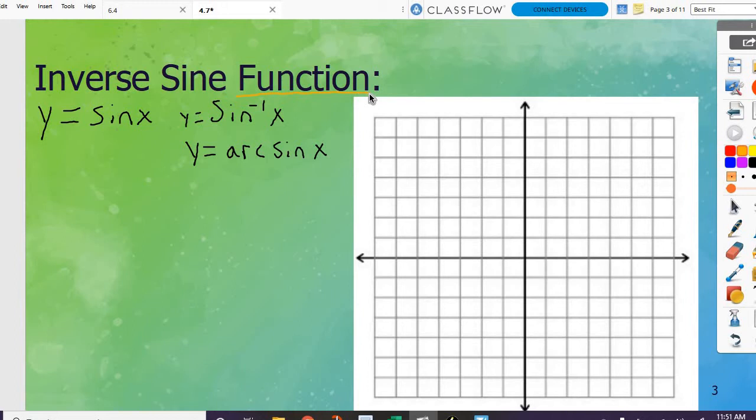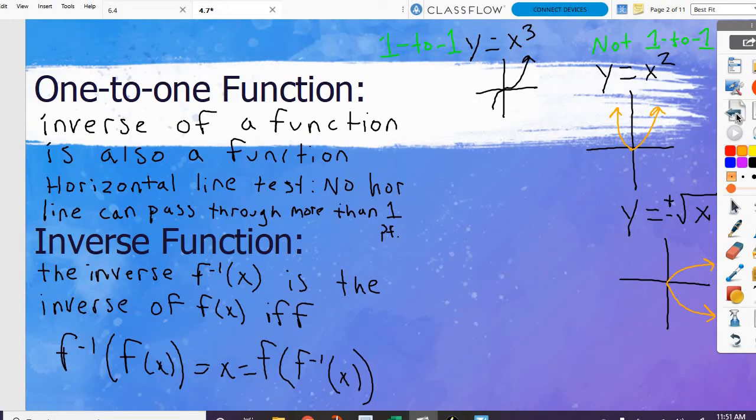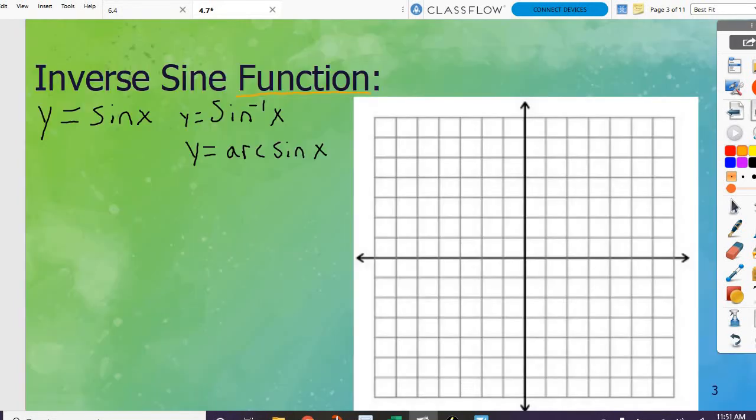In order for the inverse of a function to also be a function, our original function has to be 1 to 1. Are we all with me? So we want to make sure that sine is 1 to 1, so that our inverse will also be a function. And we said an easy way to look for that is our horizontal line test.